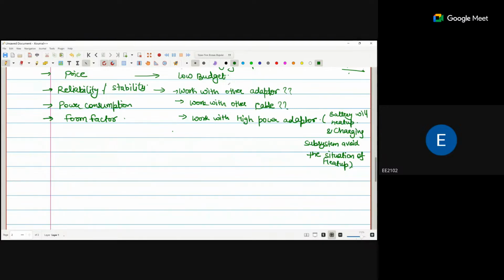So this is also defined as stability. If you connect, it will be charged, but it will avoid blasting.